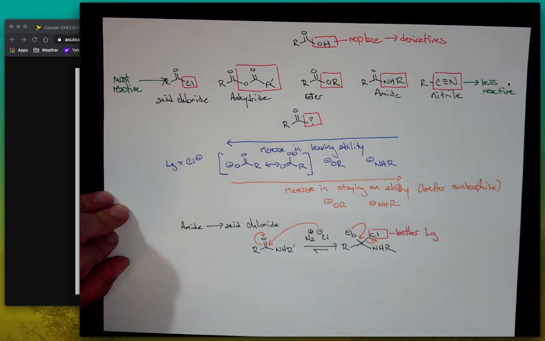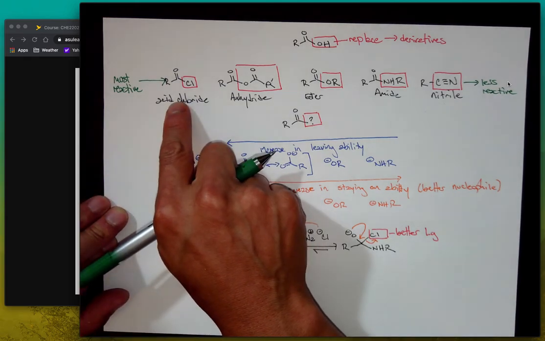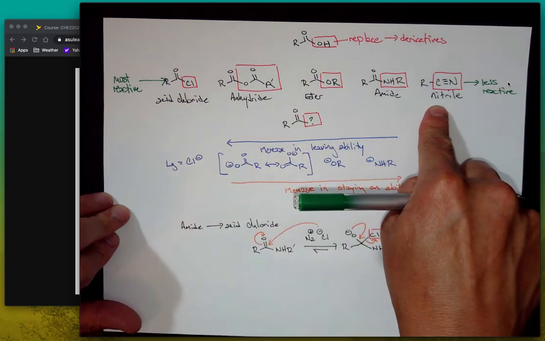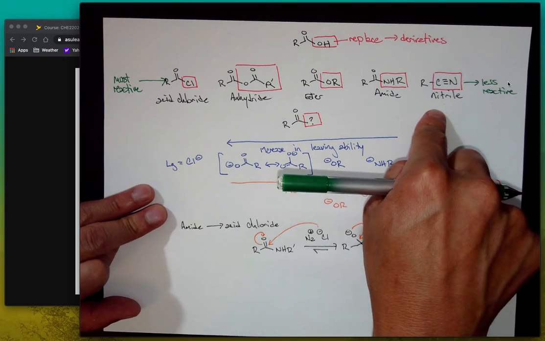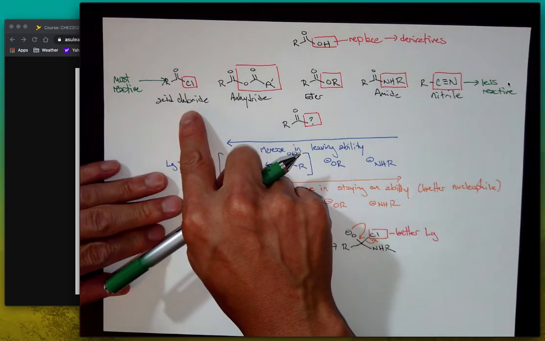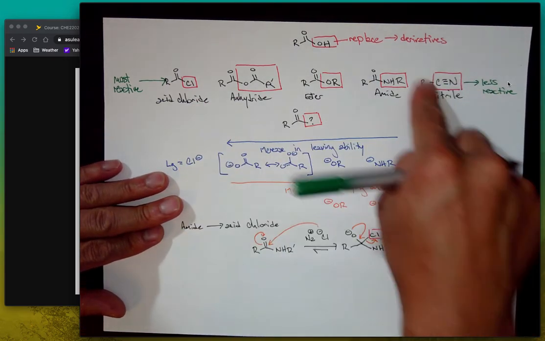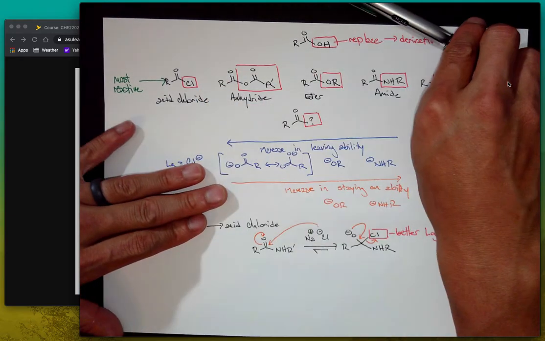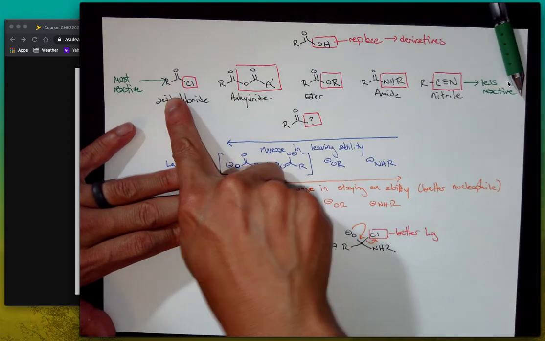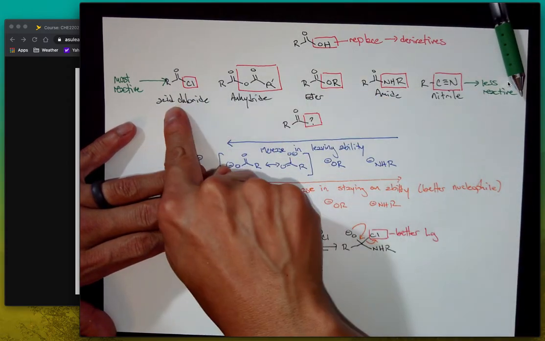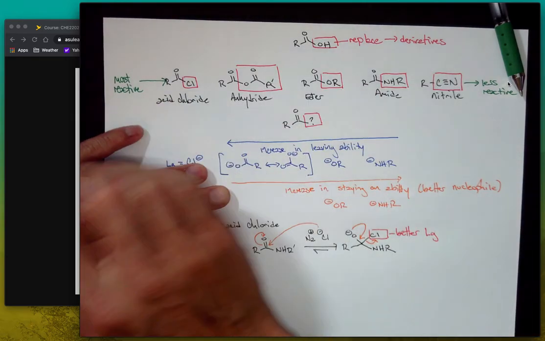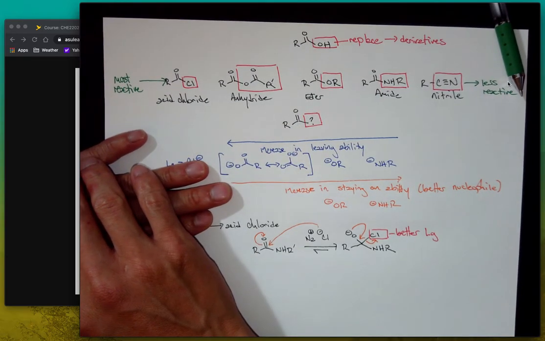And what I mean by that, the take-home message, is that anything on the left can be used to make anything on the right, but anything on the right cannot be used to make anything on the left unless you go back through a carboxylic acid. And that's really the take-home message. These are more reactive, these are not, and if we want to make this, we're going to have to go back from an amide all the way back into an acid chloride.